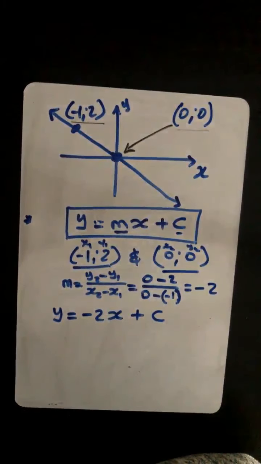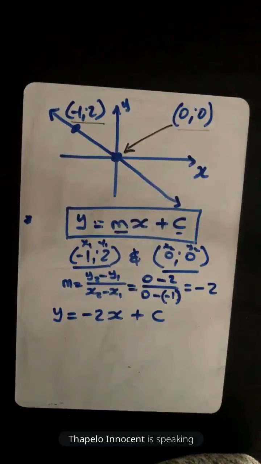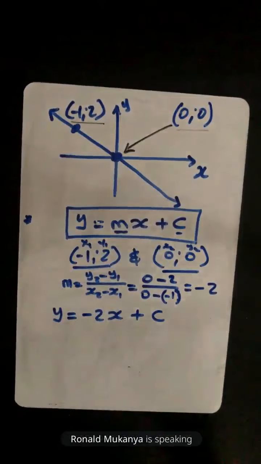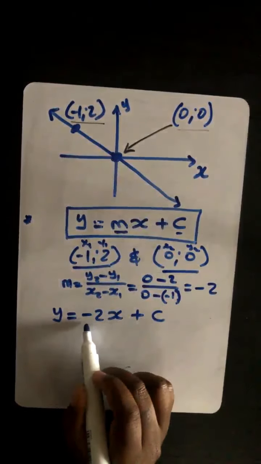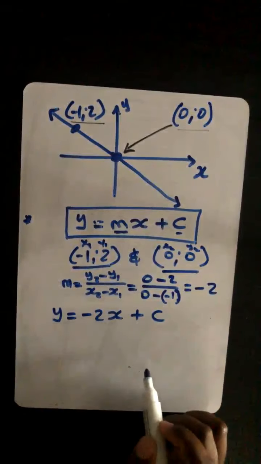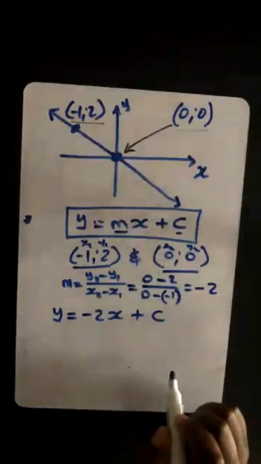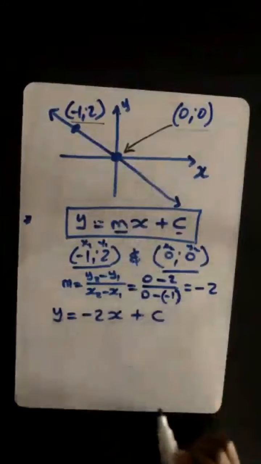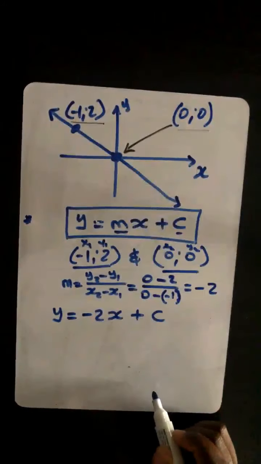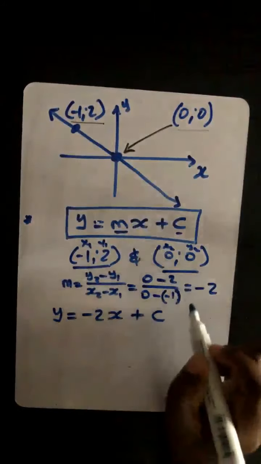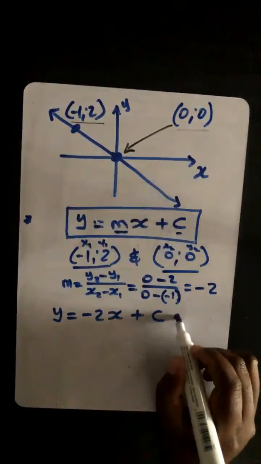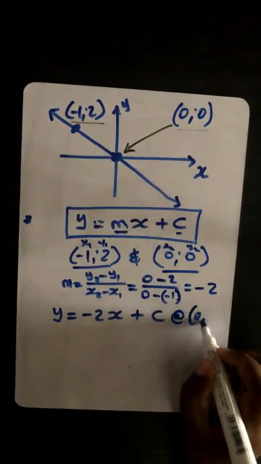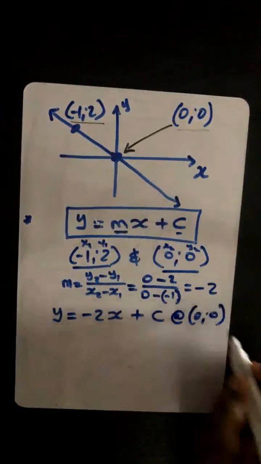Yes, sir. Okay, so now that we've got our gradient, we can choose any point to calculate the c value. Remember, I like using the point which doesn't have negatives. So I'm going to use the point where x is 0 and y is 0.